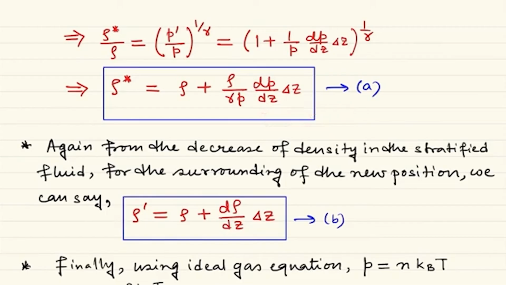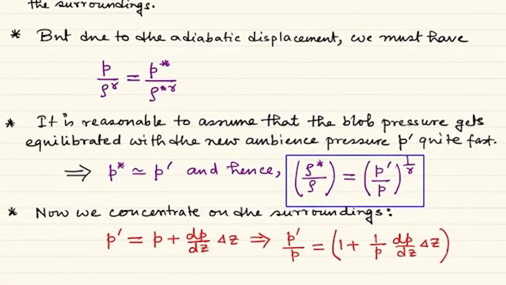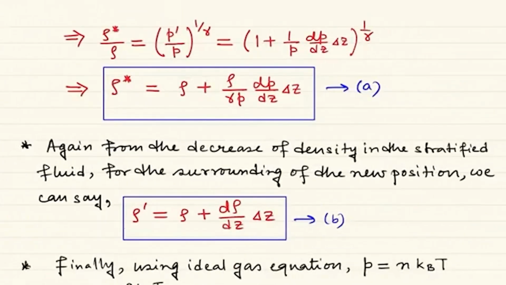So that was the story for the decrease of pressure, and we have mixed this with the relation of the densities for the blob. Now coming to the law of decrease of density in the stratified fluid, for the surrounding at the new position we can say that rho prime is equal to rho plus d rho dz delta z.